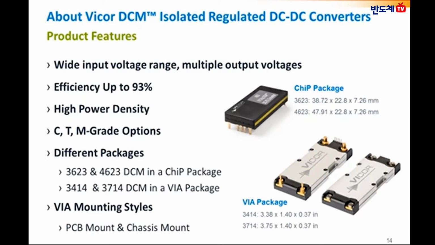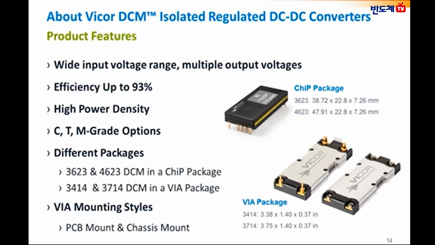And in the following slides, I would like to provide some information about product features, advantages, and electrical characteristics of Vicor DC to DC converter modules, which are further referred to as DCMs.